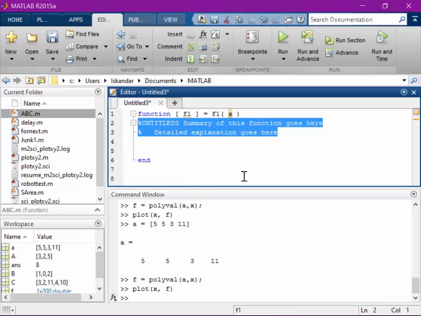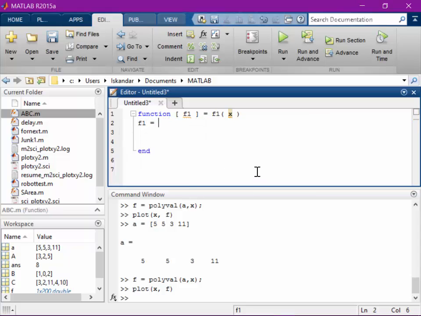Here we're just going to say F1 is equal to, and our function was x squared. I'm going to put parentheses around it just to make sure it's clear.